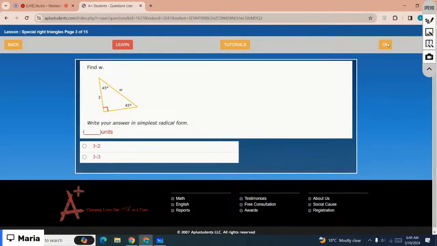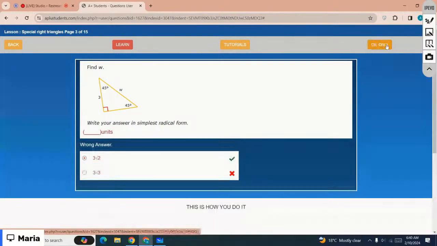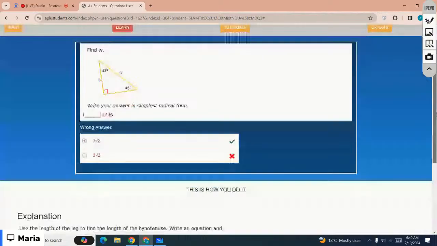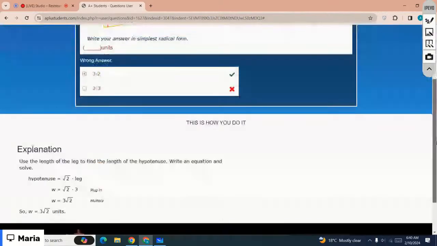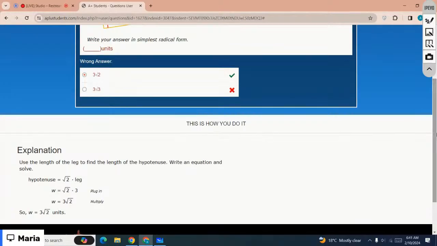Got it? Why 3 square root 2? Hypotenuse equals square root 2 times the leg. So that is 3 square root 2.